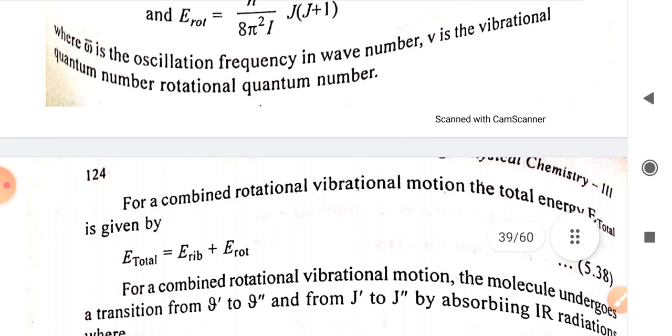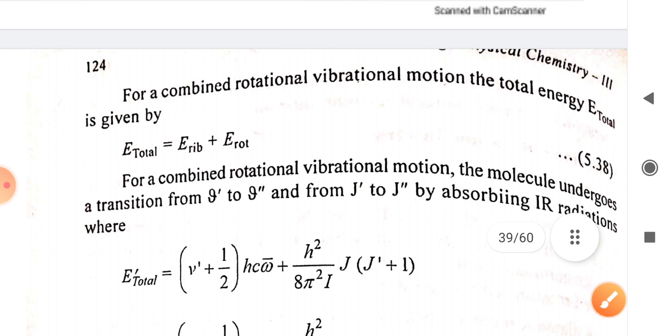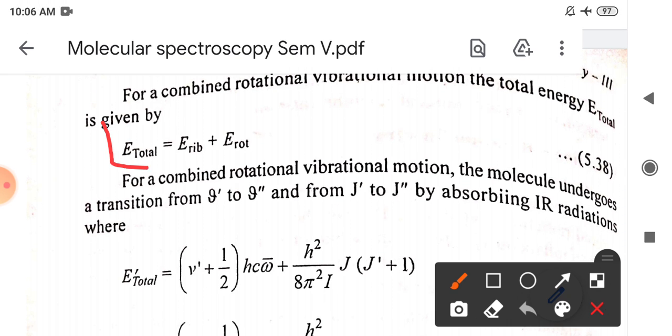For the combined rotational and vibrational motion of the molecule, the total energy E is the combination of both energies, the rotational energy as well as the vibrational energy.